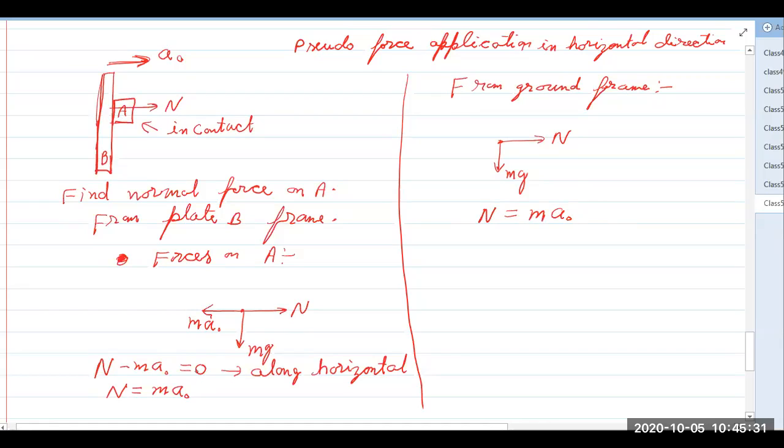If we solve from the plate frame, again we get n equals ma naught. These two are just to look at the pseudo force from two different perspectives. In the first case we considered the pseudo force; in the second case we did not consider pseudo force, but we took the whole acceleration of the object from the ground.